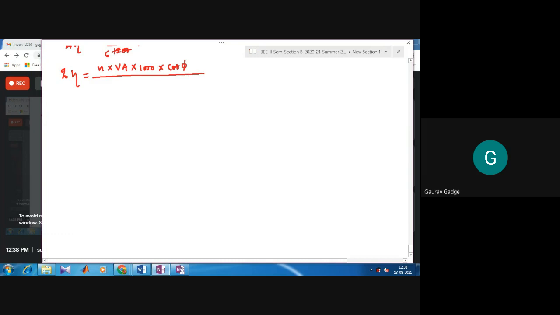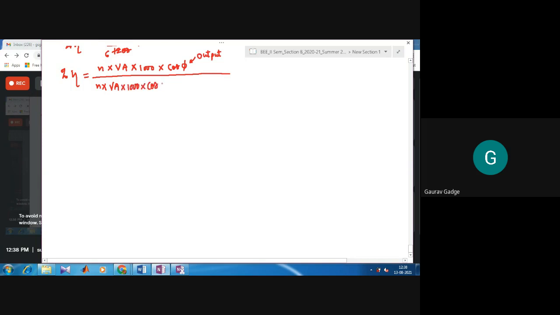So output upon input: n into VA into 1000 is nothing but the output, divided by n into VA into 1000 multiplied by cos phi.